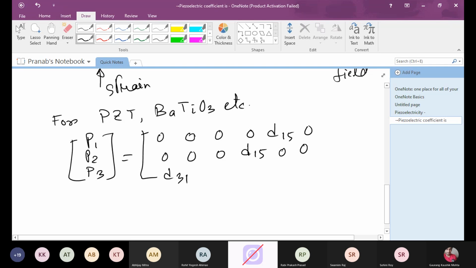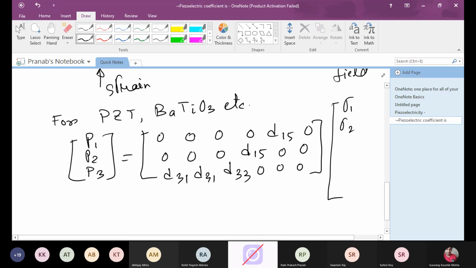Similarly, because of symmetry of the structure of the material, D31, the next one D32, is also equal to D31. D33 is different. This is just an example for PZT.